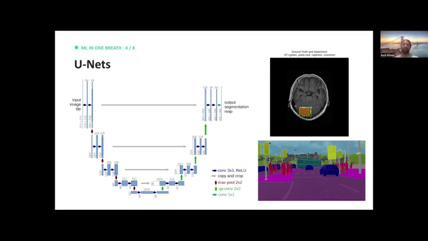So yeah, this is what UNets are traditionally used for, classifying every given pixel. And again, so why do we compress and then blow up?